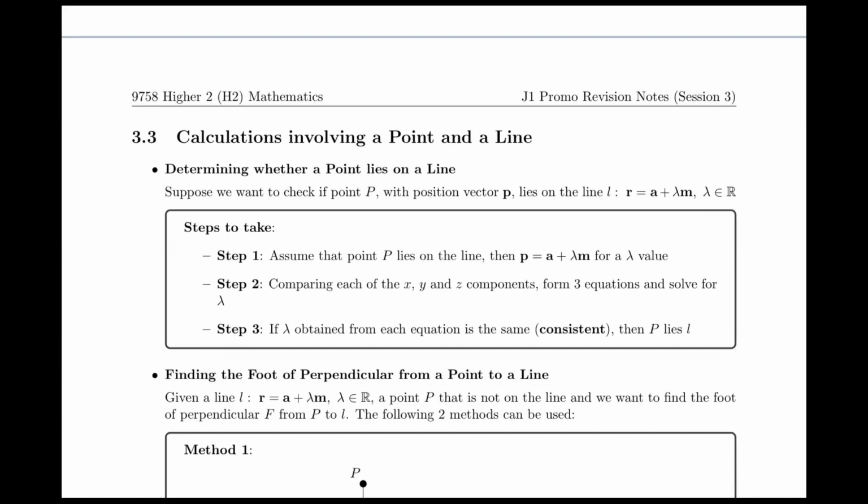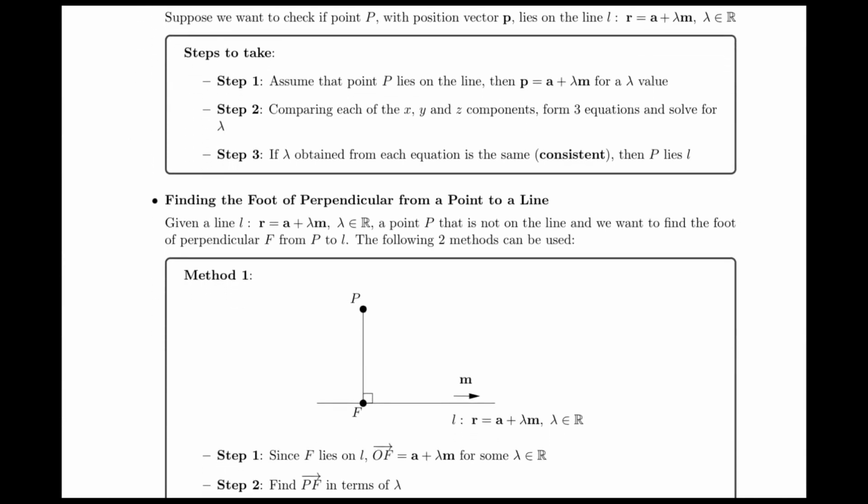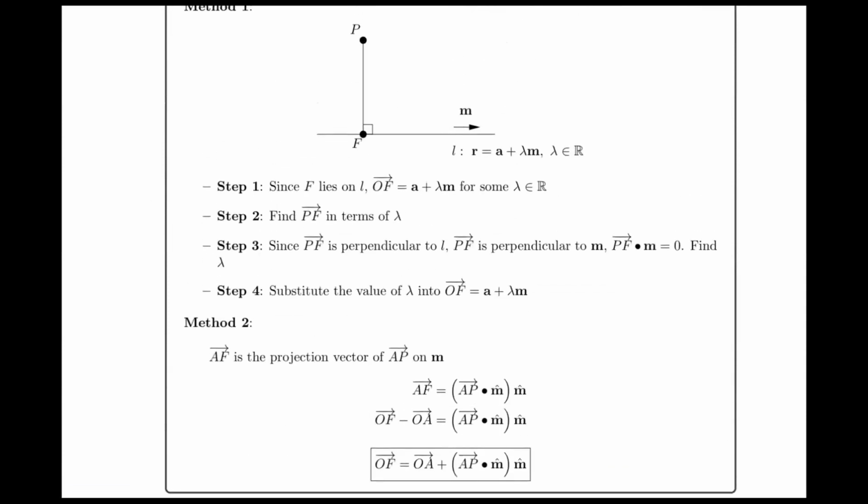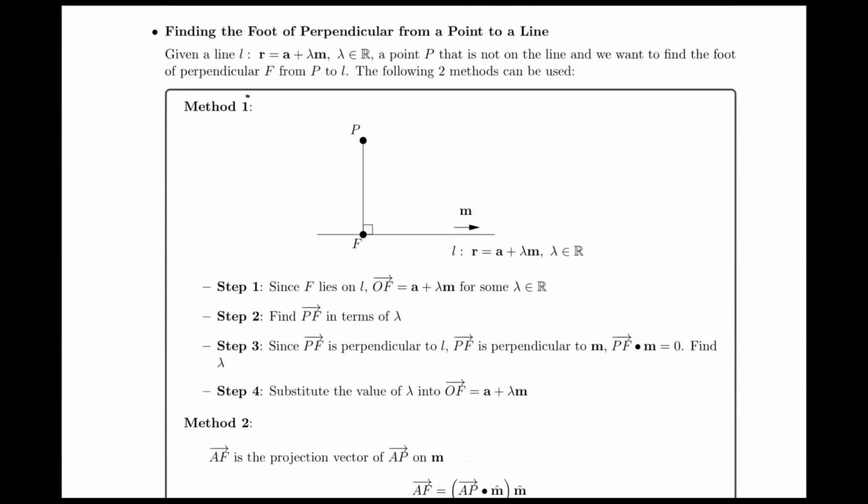Find the foot of perpendicular from a point to a line. There are 2 different ways here. The one I recommend is the first one, the most common method. The foot of perpendicular lies on the line, so you can rewrite it into vector form.